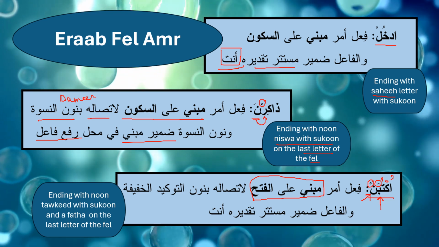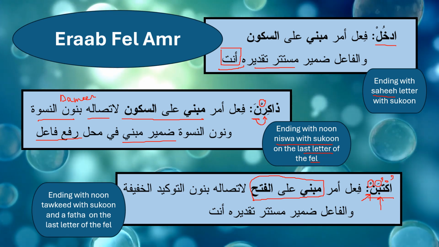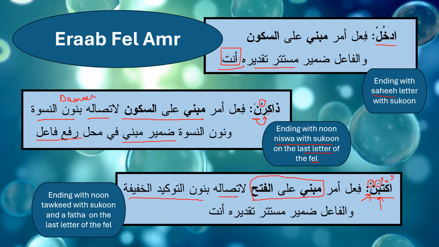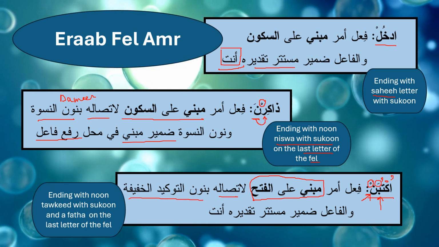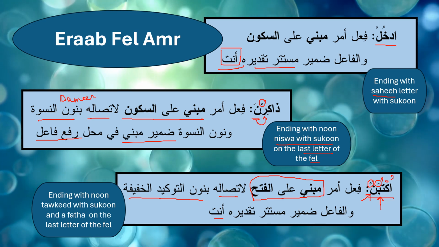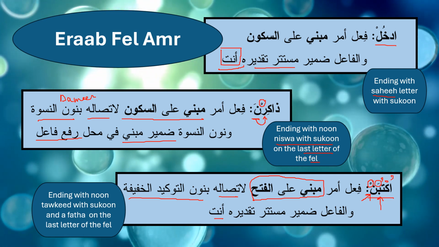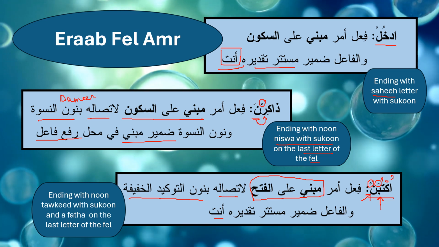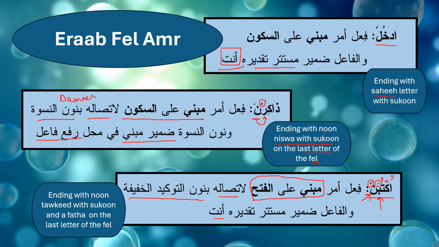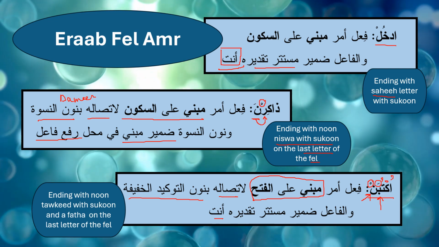And why is it with fatha? Because it is joined with noon tawqeed khafifa, and the damir fail is damir mustatir anta. So the damir is hidden inside the command, and the damir mustatir is estimated as anta, taqdiruhu anta.